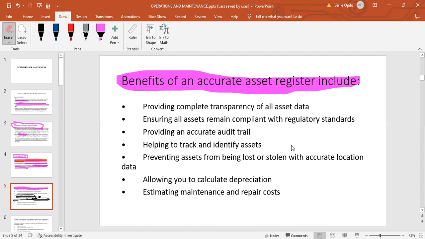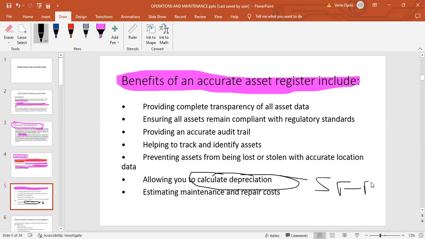Then the other one is that it allows you to calculate depreciation. We say that depreciation computation is very important because of the preparation of the statement of financial position. If you have the statement of financial position, you need details about the non-current assets. And in this case, you usually need the net book value, or nowadays we call it the carrying amount.